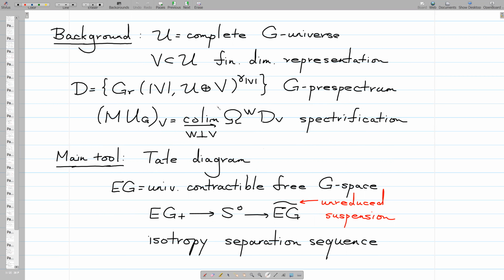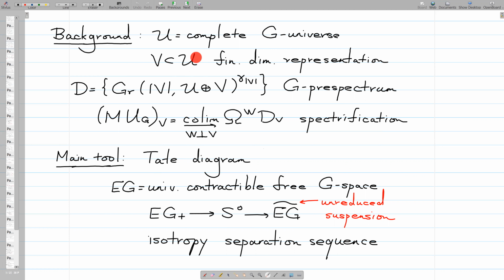We want U to be a complete G universe for a compact Lie group G. What that means is that it is the direct sum of infinitely many copies of the regular representation of the group G, so basically it has infinitely many copies of every irreducible representation.